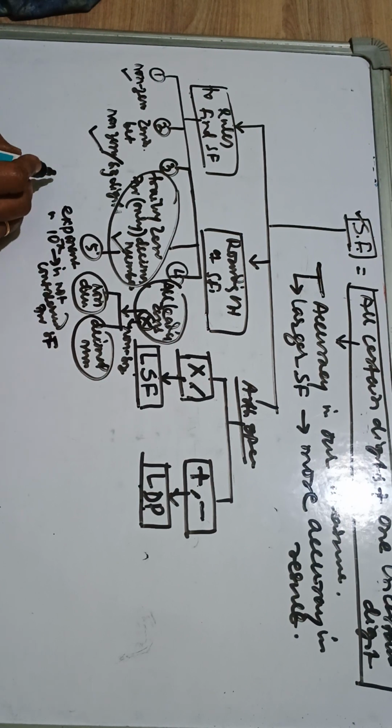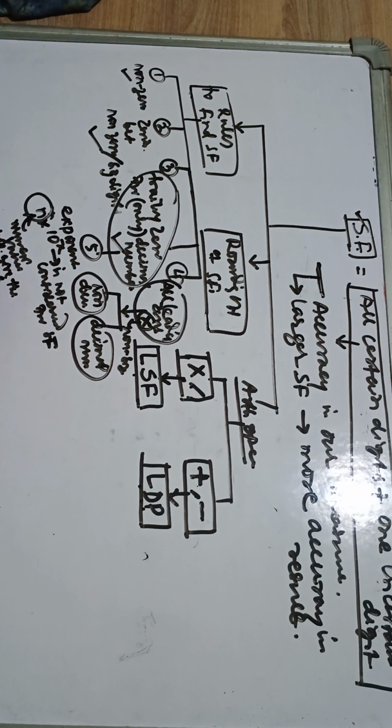That means if the result has some value n into 10 to the power x, only this numeric value n will give the significant figure, and this 10 to the x will not be considered.